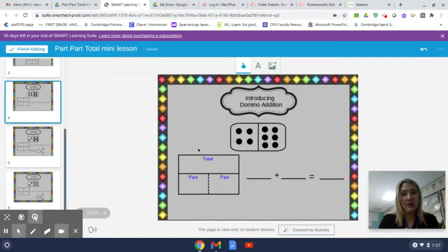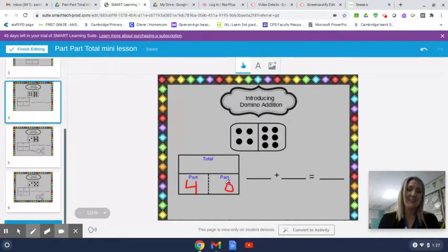When you look at the domino, we see 2 numbers. The first part is 4. Okay, so I'm going to write the number 4 here. The second part is 6. Now when I put those 2 together and I count all of the dots, how many will I have?